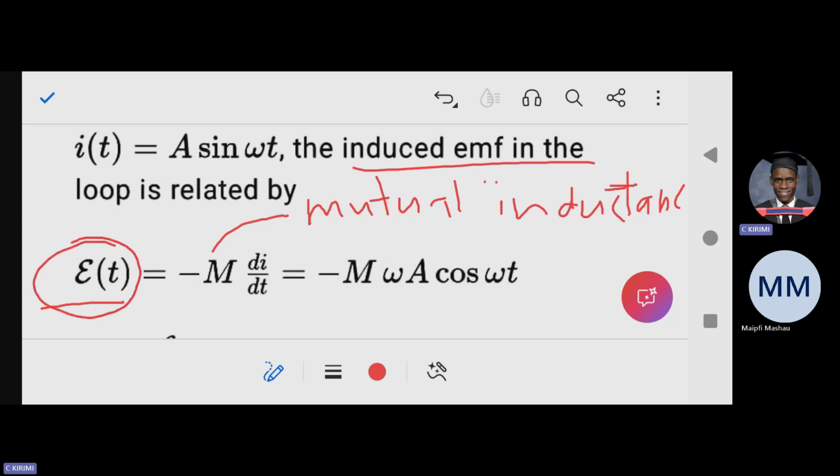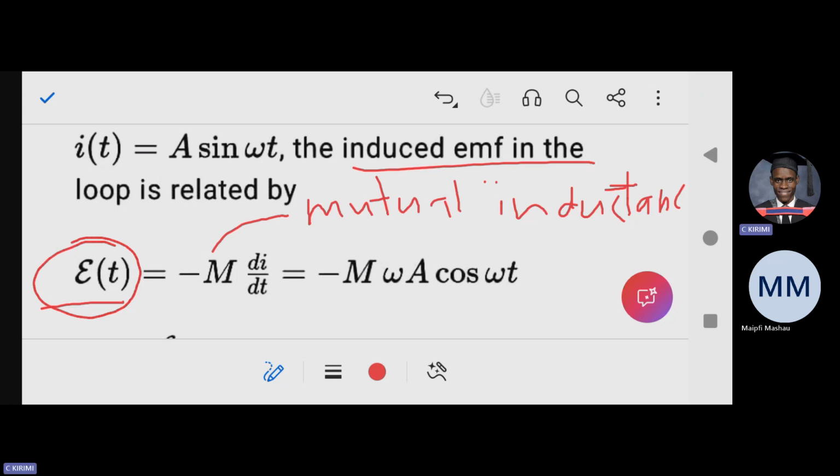The EMF is not only in terms of differentiating the magnetic flux, d phi dt. The EMF can also be related by minus M di dt, where I is representing the current. So you differentiate the current with respect to time.